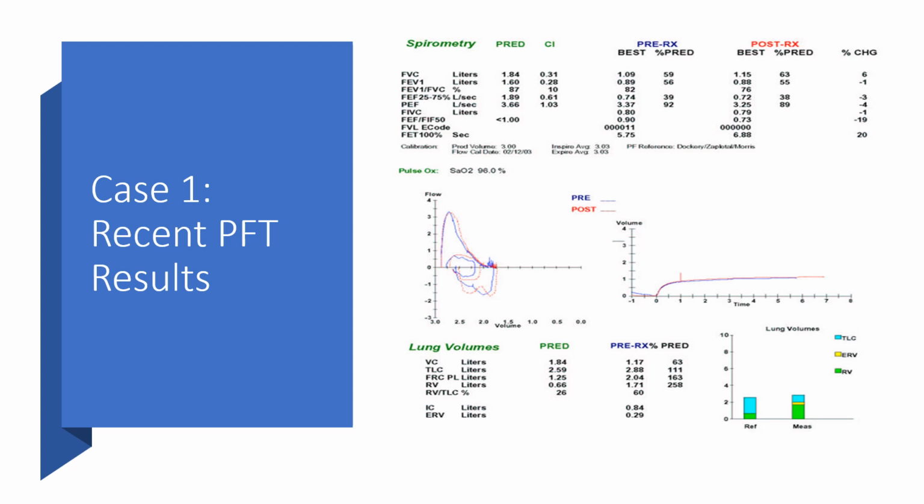They wait a reasonable interval and they repeat the test. And the percent predicted goes from 59 to 63, again the top line, upper right-hand side there, for a 6% change. So generally speaking, that's not regarded as a significant response to bronchodilator.